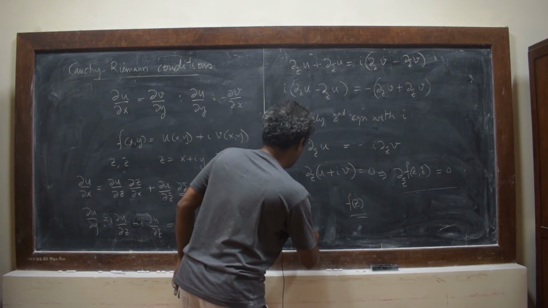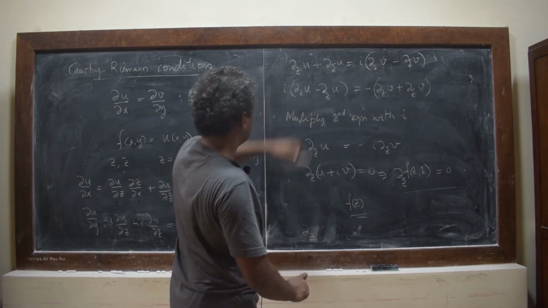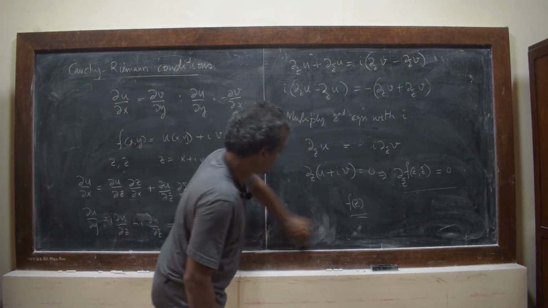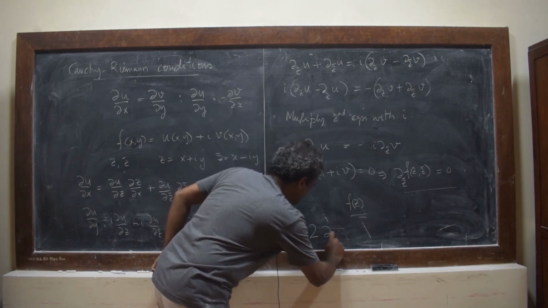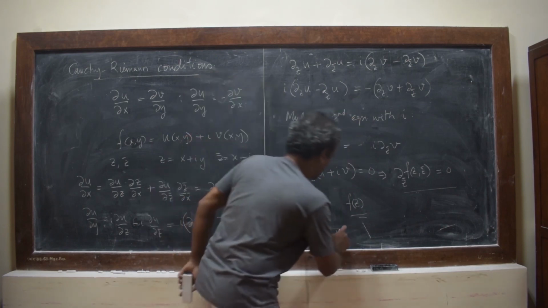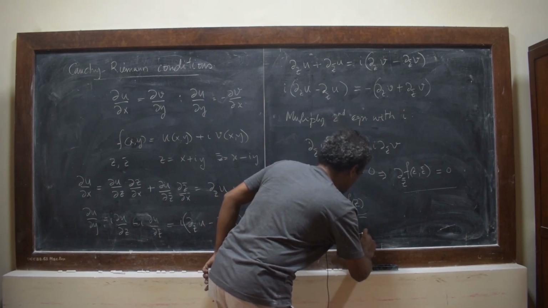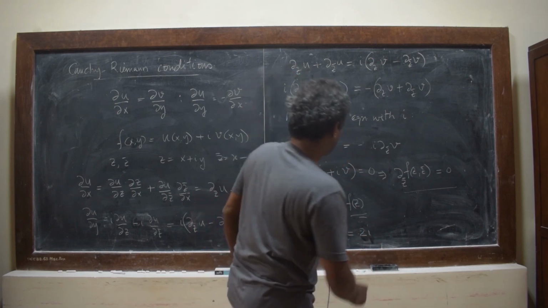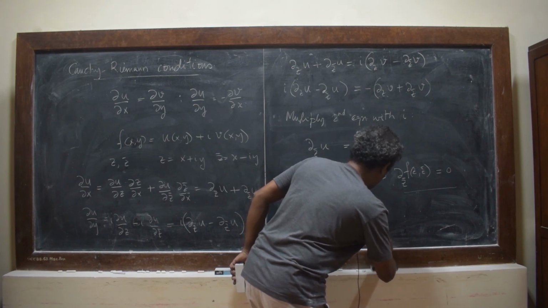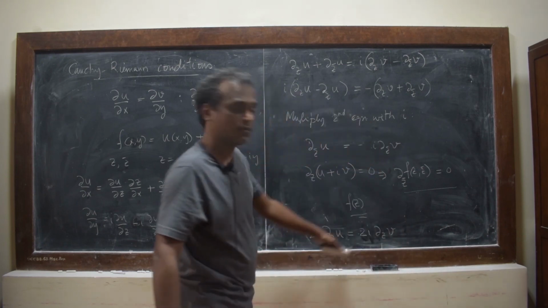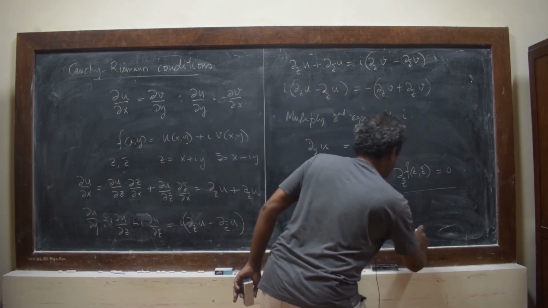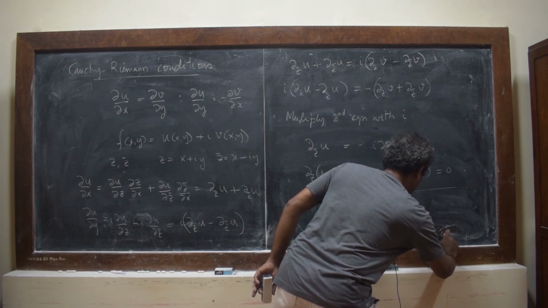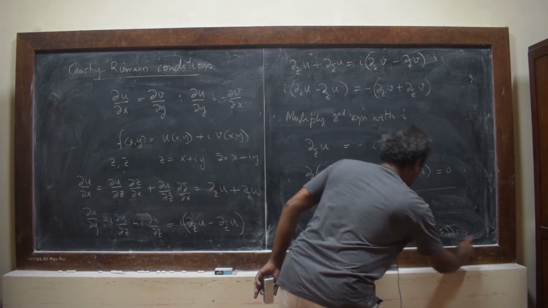twice del z u on the left hand side, while on the right hand side we would have got minus 2I del z v, which would have resulted in an equation del z of f of z, z bar equal to 0.